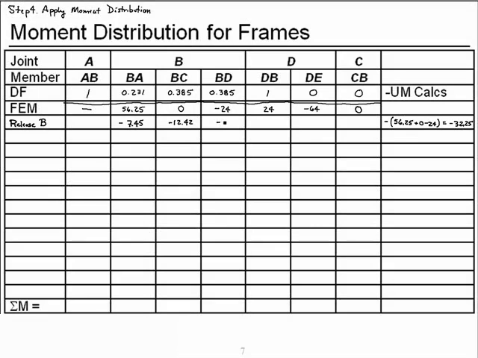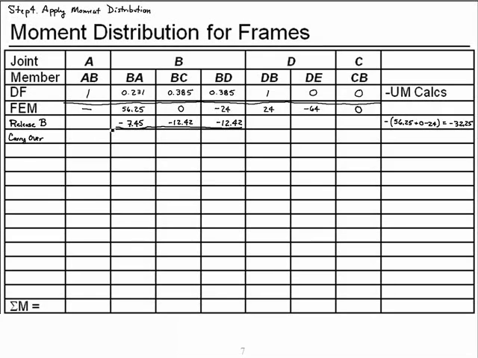And since this is the same distribution factor, we get another minus 12.42. I will underline these three quantities because at this point now, when I clamp node B again, node B is in equilibrium. But we have moments that carry over.